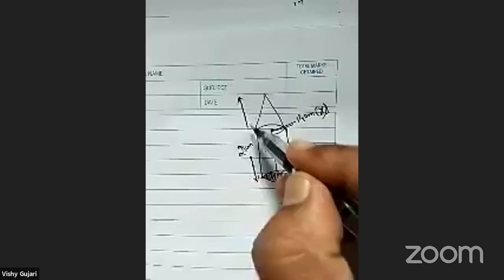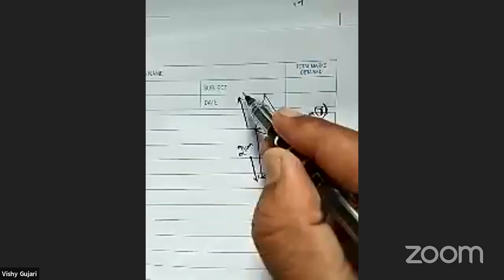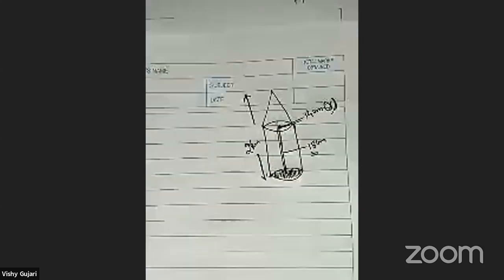You have to find volume. In the previous problem, 2 cones were there. Now only 1 cone is there, attached to the open end. All of you have taken the diagram?